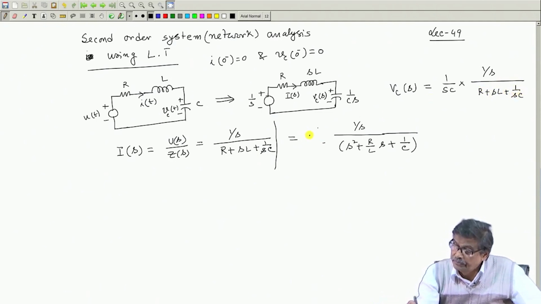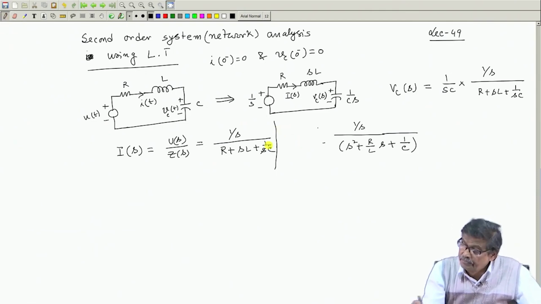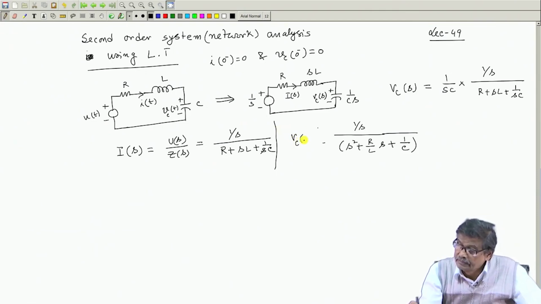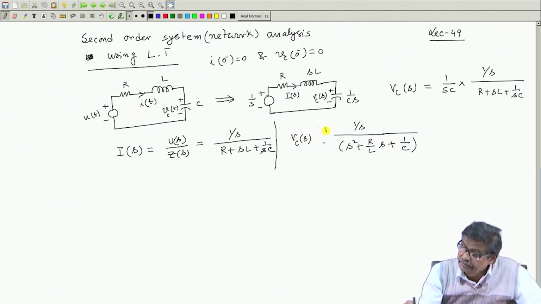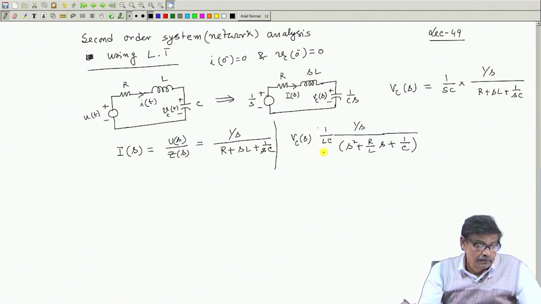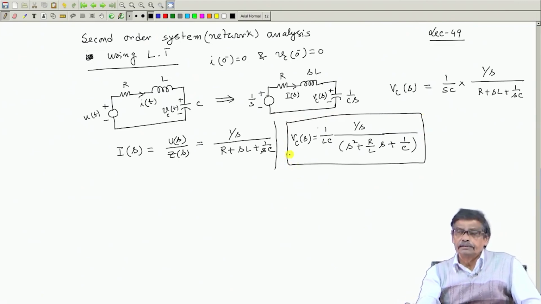If you simplify, it will become this way. So, VC(s) will be 1 over LC, on the top 1 over s, and this is the thing. The voltage across the capacitor can be written in this fashion. It is a general statement.